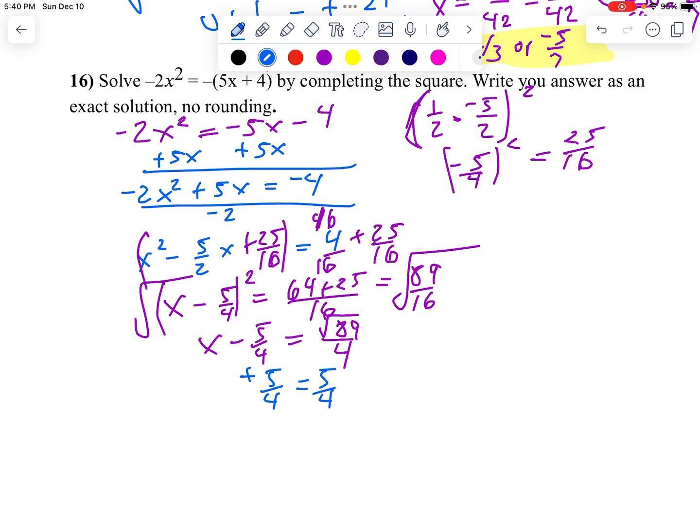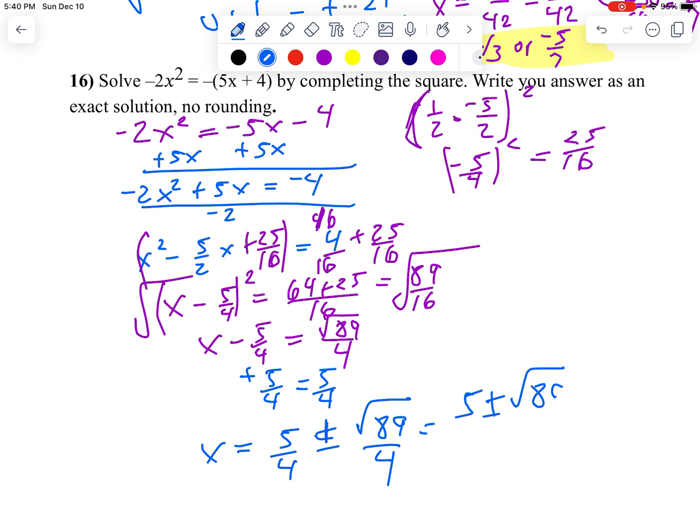And we'll say x equals 5 over 4 plus or minus the square root of 57 over 4. And that's fine if you want to write it as 5 plus or minus the square root of 57 all over 4. Both answers are acceptable. So you can write them either way.